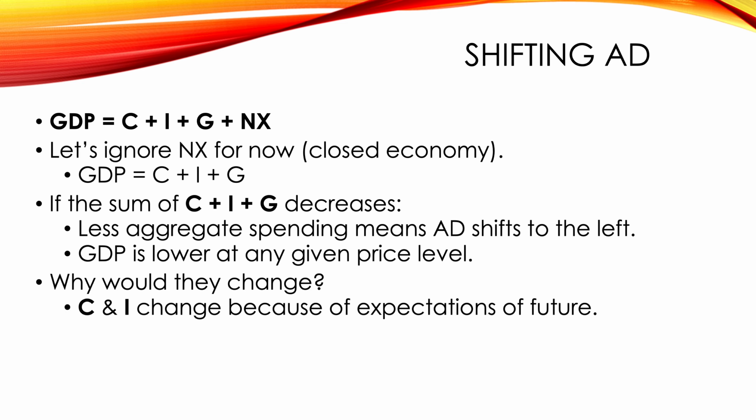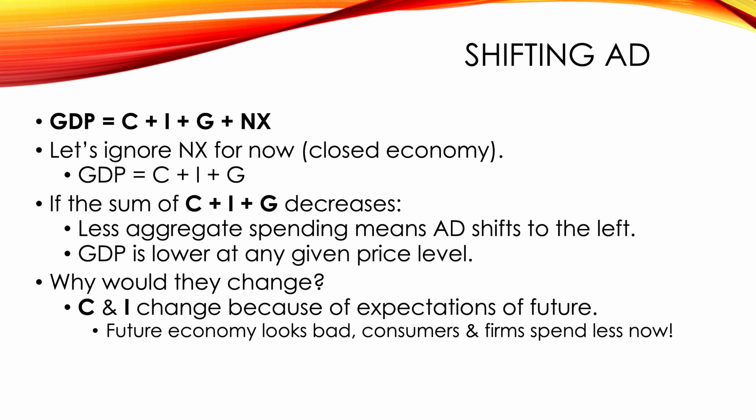And based on that, they're going to make different investment decisions. Remember, when we say investment, we're talking about investing in new capital, new tools of production, or maybe even just more inventory to sell. So the way this works is if the future economy looks bad, like if people feel pessimistic, negative about the economy in the future, consumers and firms are going to start spending less money.